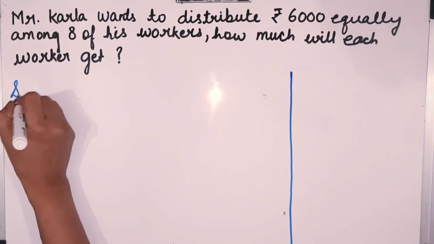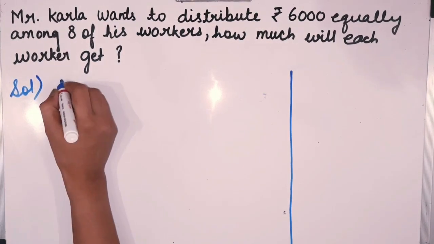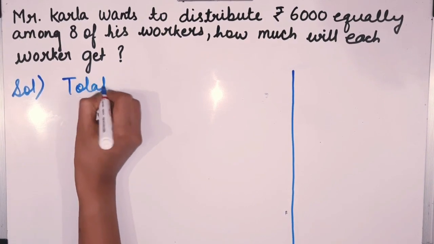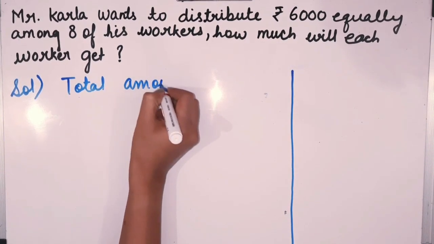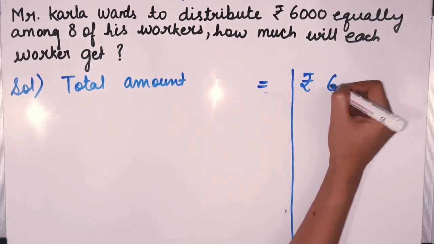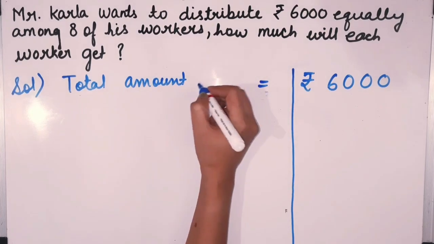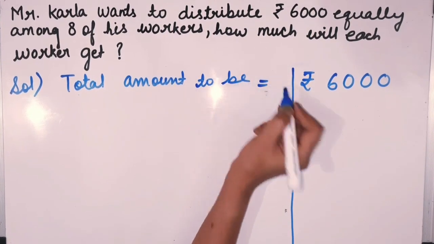So let us solve the answer. The first statement will be total amount is equal to rupees 6,000, or you can write total amount to be distributed.